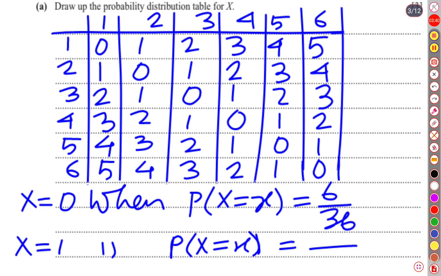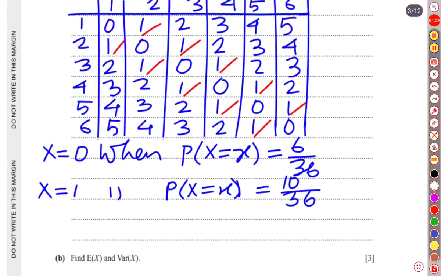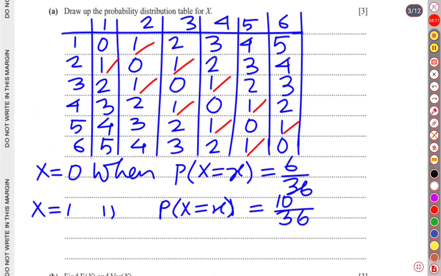Let me count once again, with different ink. 1, 2, 3, 4, 5, 6, 7, 8, 9, 10. There are 10 ones. So it is going to be 10 over 36.